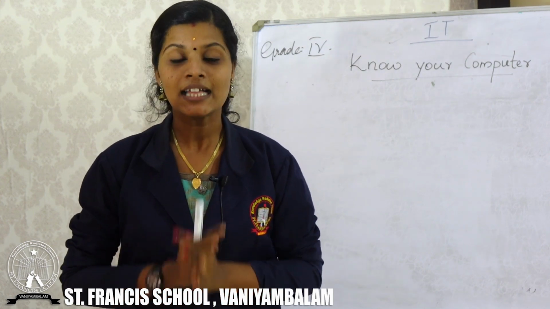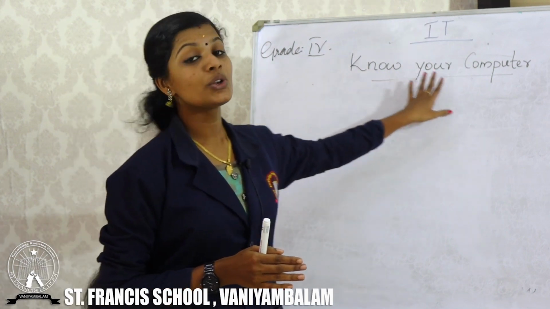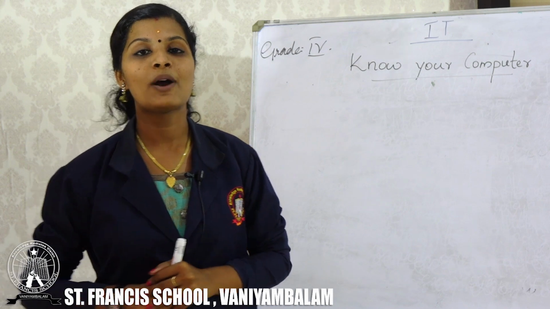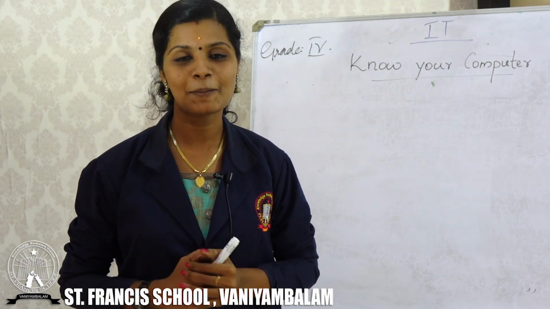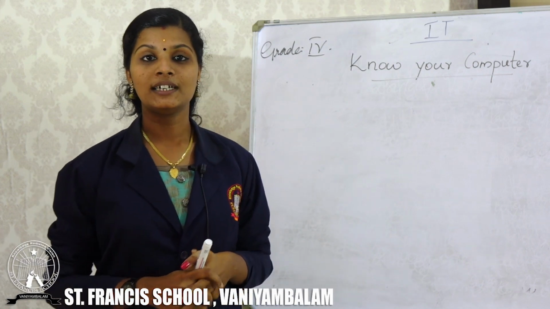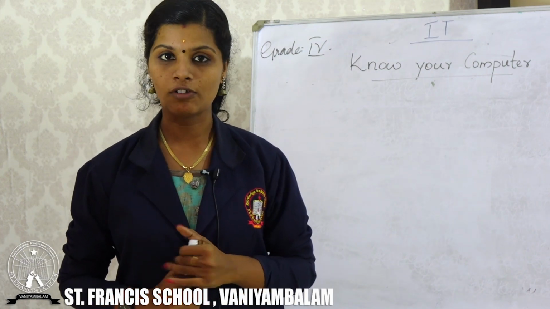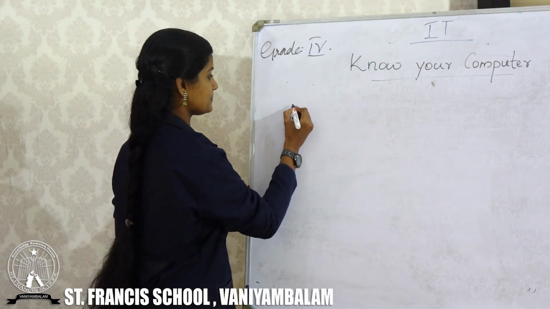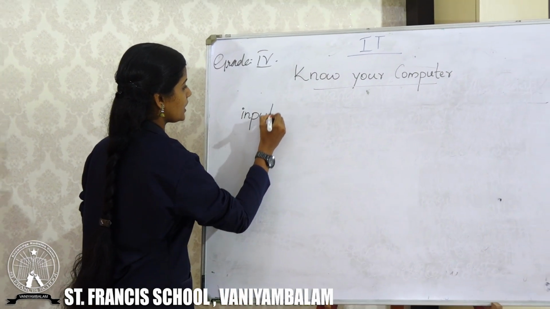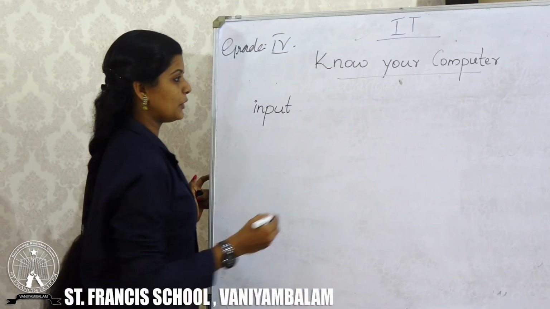So once again, the chapter name is Know Your Computer. Here, I am going to discuss the working model of a computer. So let's start. In a computer, there are 3 steps involved. The first one is input.